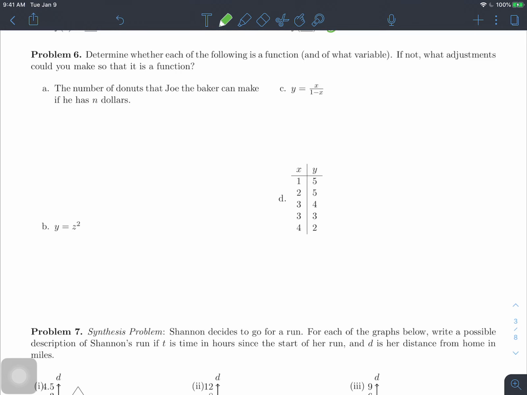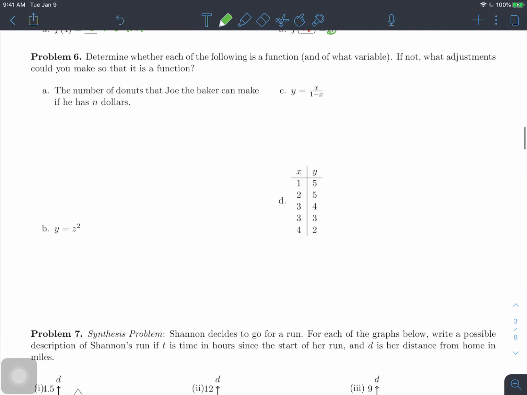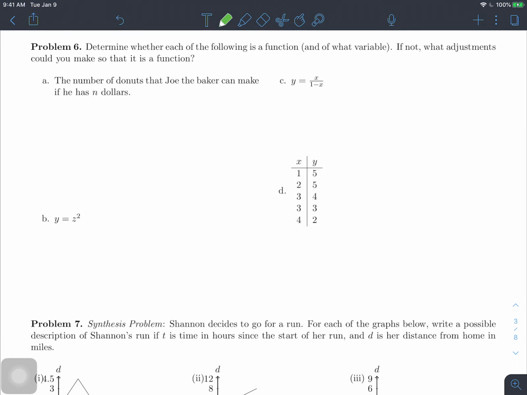All right, for A, so group 1, would anybody like to volunteer and take a crack at whether or not this is a function? Yeah, go ahead. It is a function. Okay, and how do we know that it's a function? Want to go for gold?